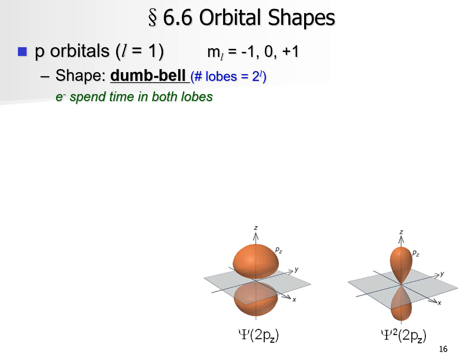A dumbbell has two lobes. It turns out that the number of lobes equals 2 raised to the power of L. If L equals 1, 2 to the power of 1 is equal to 2. So these are the lobes that the electron is going to spend time in. The electron has two places to go.